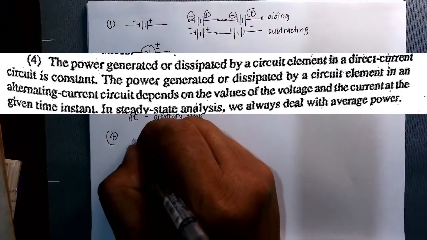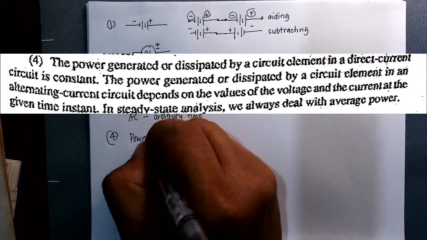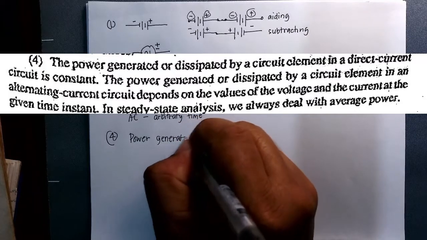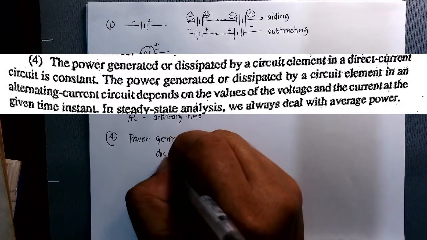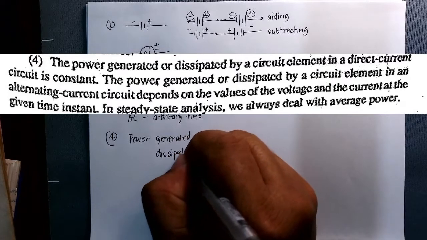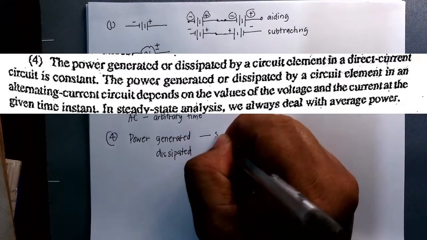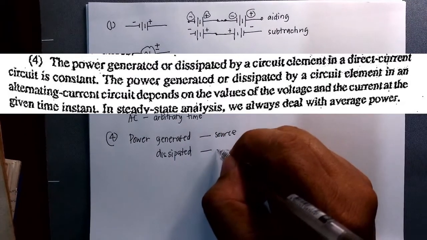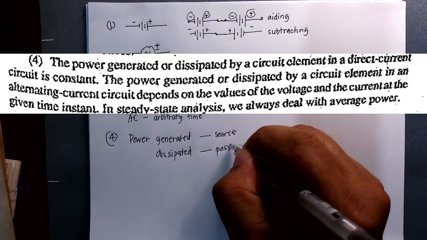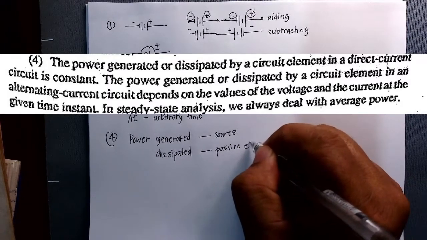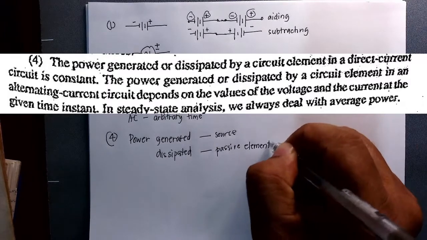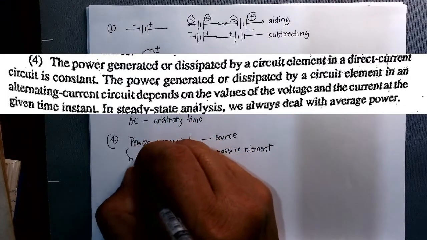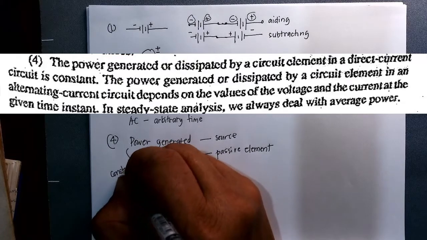Speaking of the power, whether it is generated or dissipated, this is from the source, and this power is because of the passive element connected to your circuit. So this power is constant.